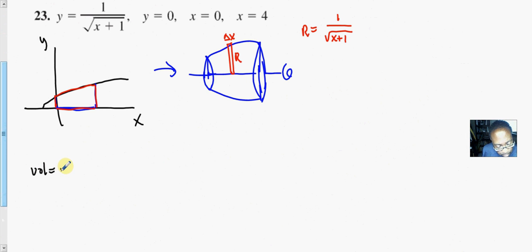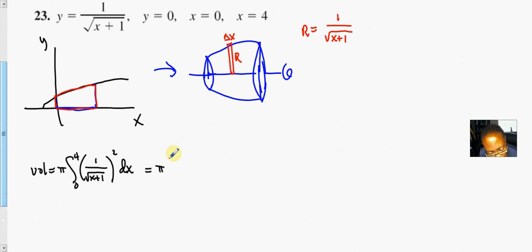So the volume is equal to pi times the integral from 0 to 4 of the radius squared. This is 1 over the square root of x plus 1, all squared, dx.